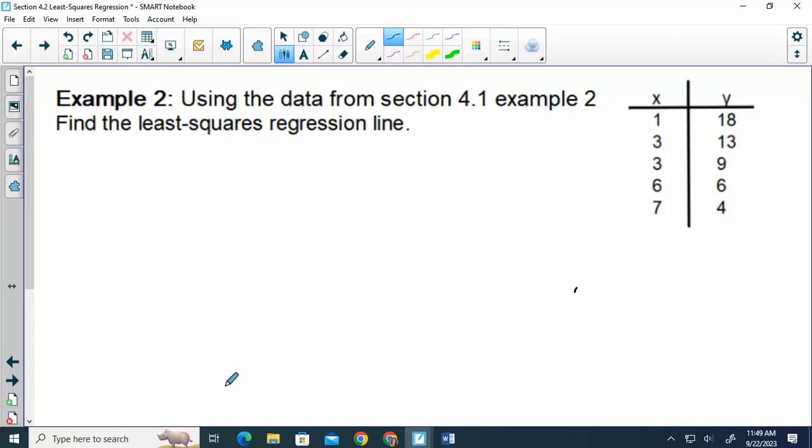So I want to use this data to find the least squares regression line. I want you to go ahead and enter this into the calculator so we can get some information from it.